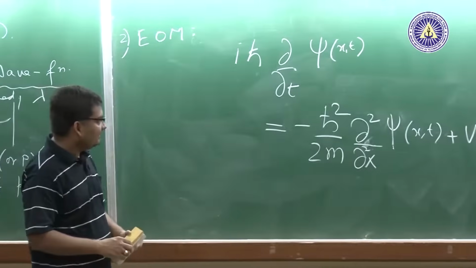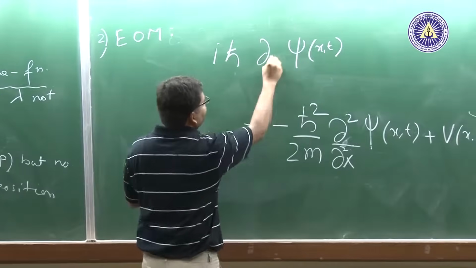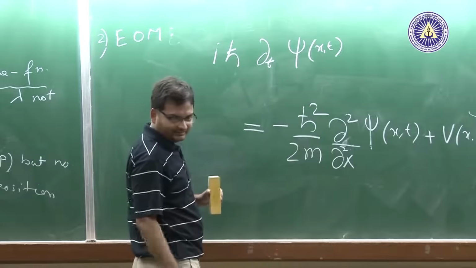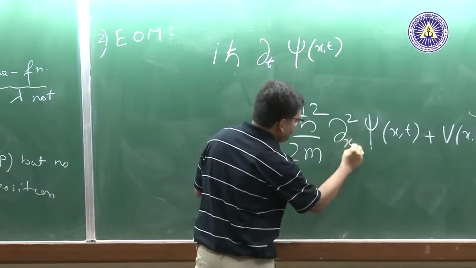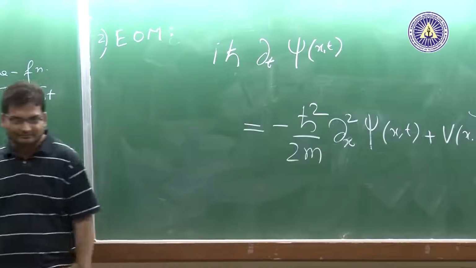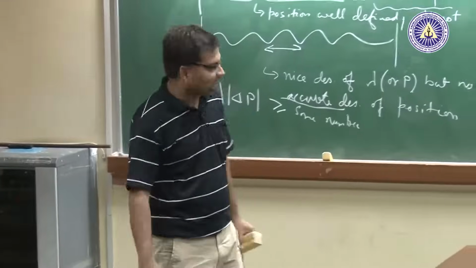So, I typically use a shorthand notation for these guys. So, I just write this as this generally, and this I generally write as dou x2. In that way, I can write it in one line only generally, no?